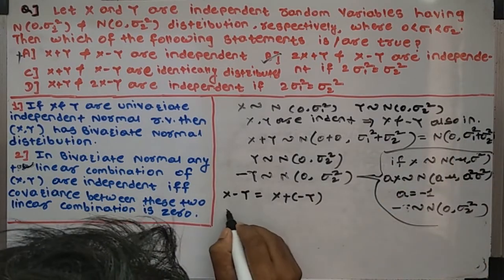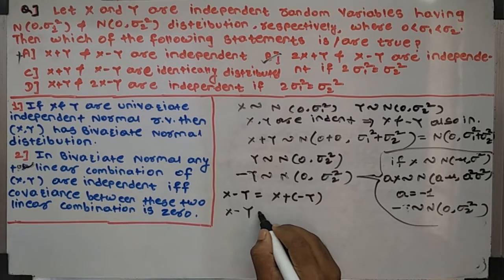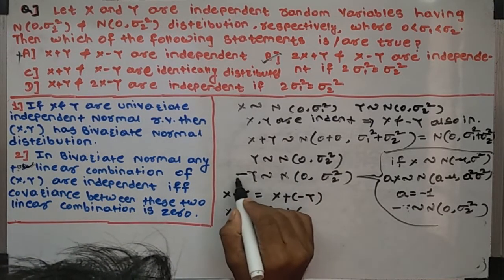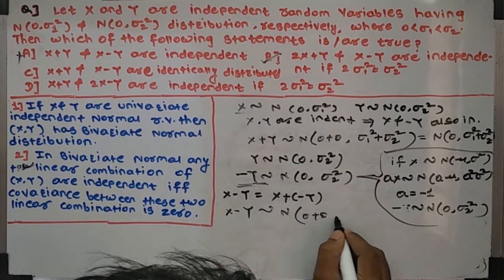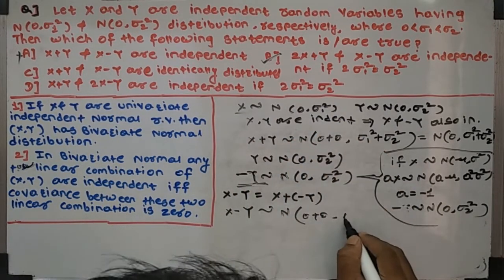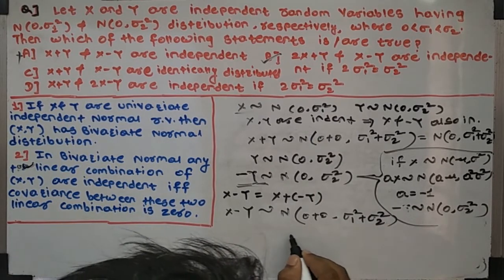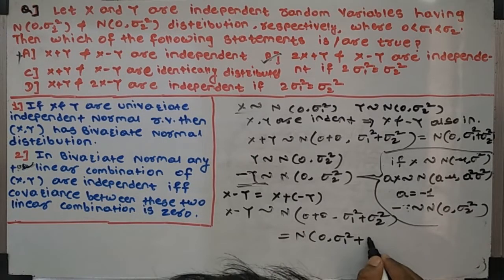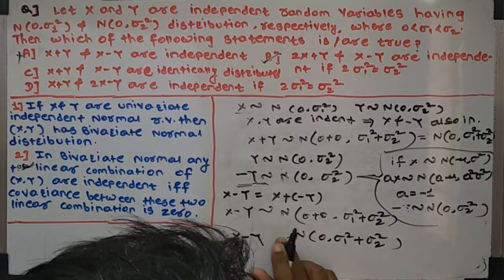So by the additive property of normal distribution, x minus y follows normal with parameters 0 plus 0 comma sigma 1 square plus sigma 2 square, which is normal 0 comma sigma 1 square plus sigma 2 square. That is the x minus y distribution.